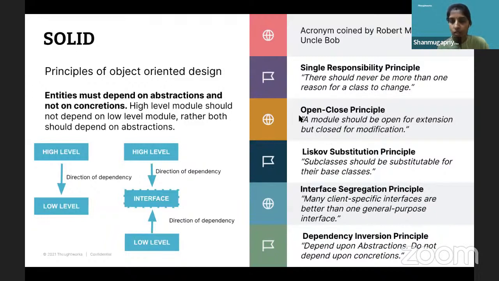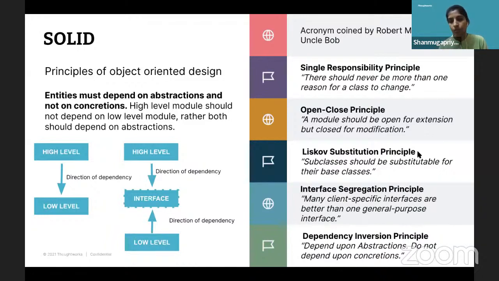Then it is violating the open closed principle. The module should have been designed in such a way that it does not require any change in the core logic, but rather we can extend the existing functionality and support the new use cases.